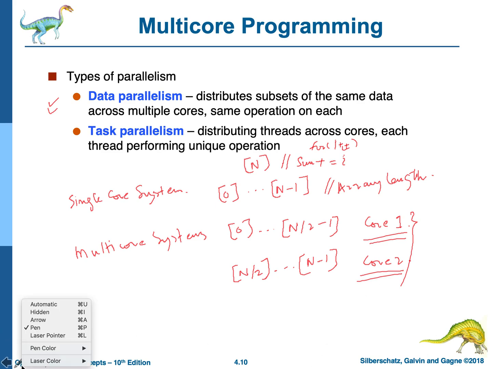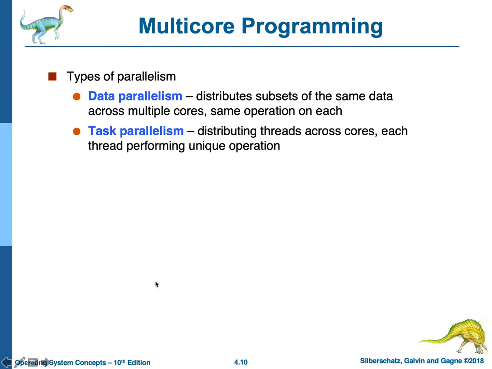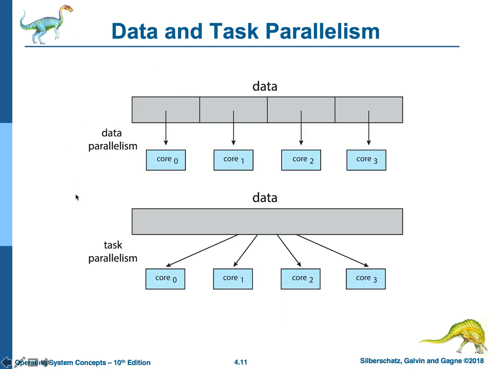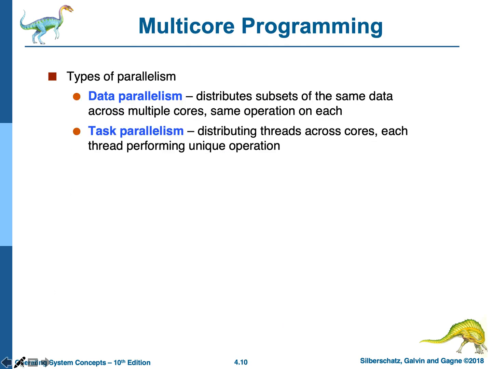Maybe we can say that, let me clear this all. Okay, this is clear. For task parallelism, we have a single task. Let's say this is core 1, and we have 0 to n minus 1, and we might be performing a summation task here, right?